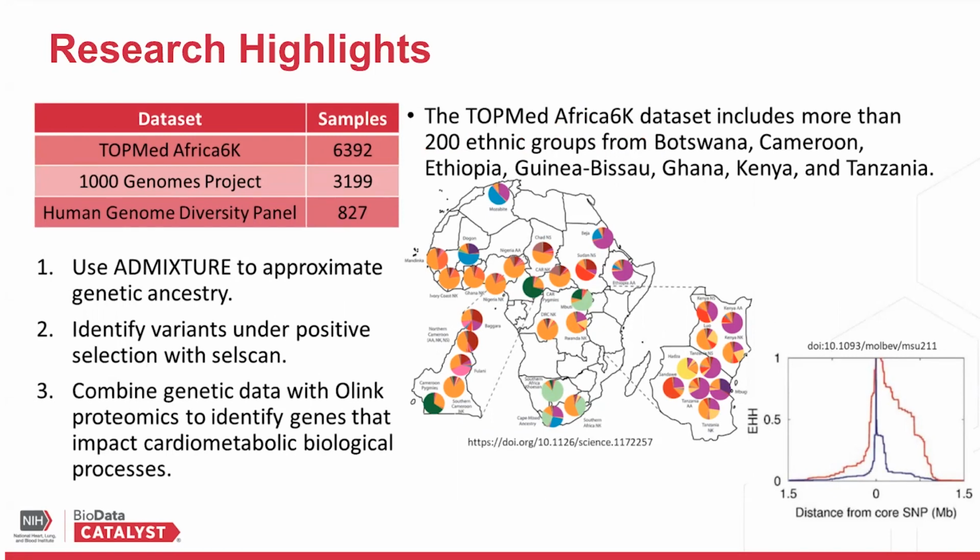The first part of my project is to work on characterizing this genetic diversity by using a program called Admixture, which can give us an idea of the genetic ancestry, although it's more of an approximation of the actual genetic ancestry, which is what this figure here is showing. This is from an older paper. I don't have a figure of that to show you just yet, but the idea is the different colors represent different admixture modeled genetic ancestries.